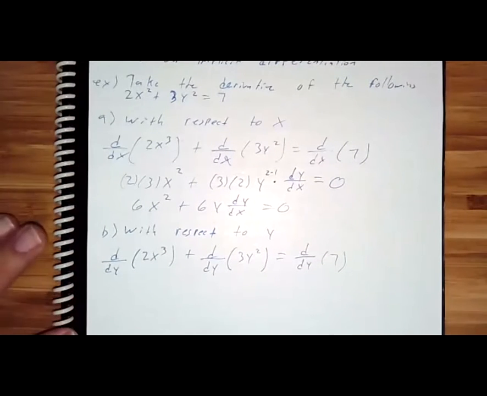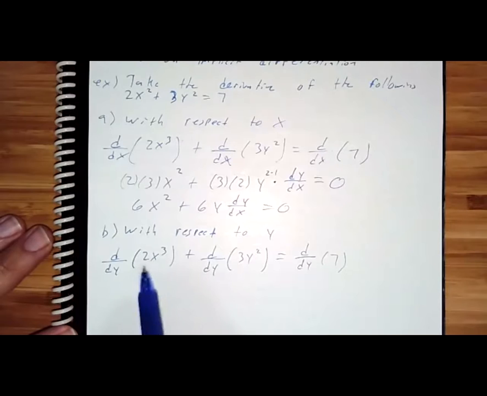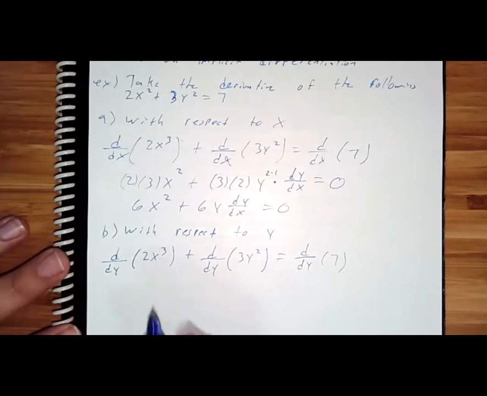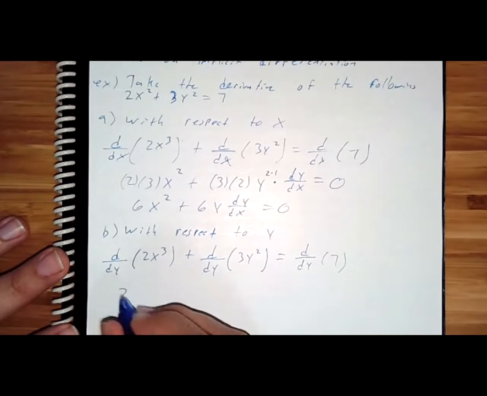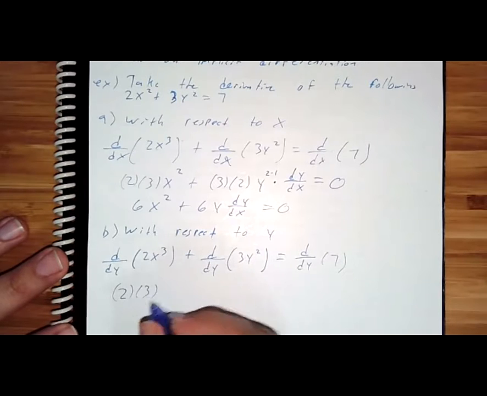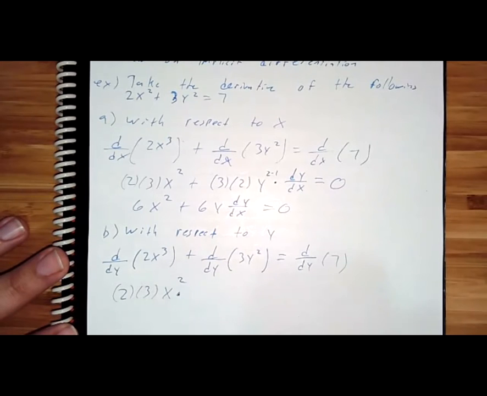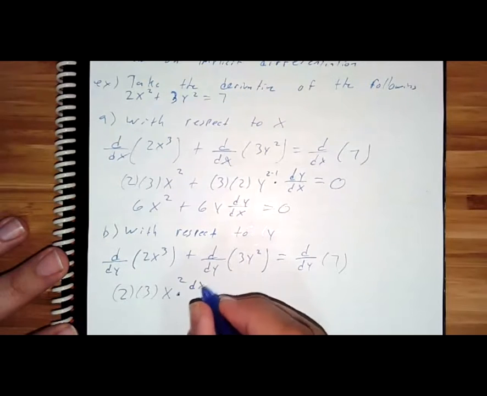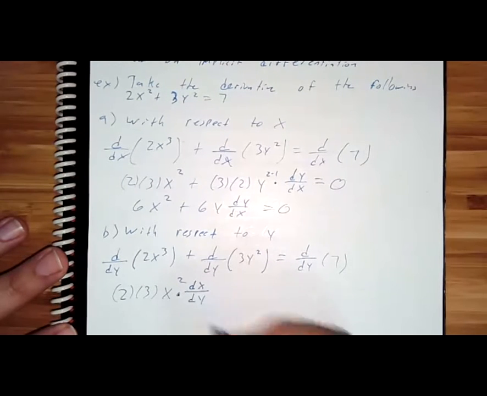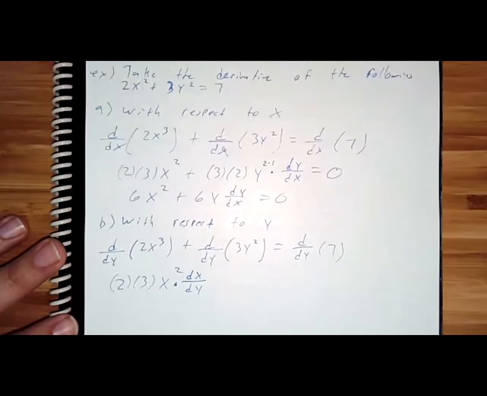Okay, so now these don't match up. Notice that. So you're going to get the same power rule, right? Minus 1, whatever. But then you have to multiply by the chain rule. So it's going to be dx dy now. You see how it's the same thing?